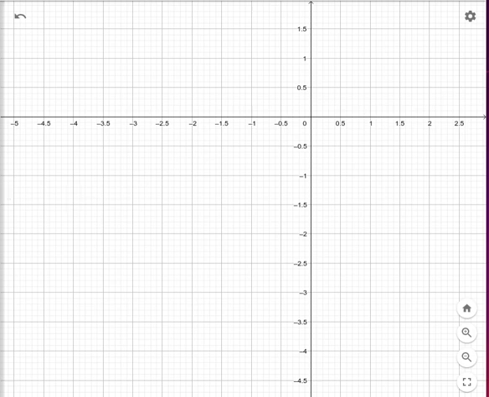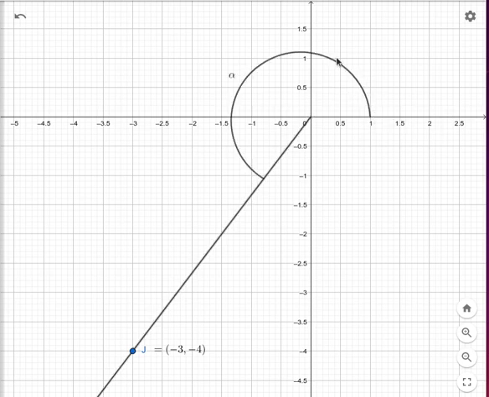Now suppose that we had a point in a different quadrant. For example, let's take this point J, which happens to be (-3, -4). And let's think of it being on the terminal side of some angle. Again, let's call our angle alpha.